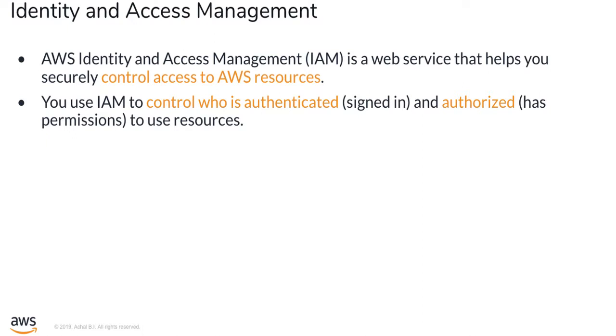So basically, it gives control of who can sign in, or who is authenticated to access the resource, and also who is authorized to access that resource, and in more detail, what permissions they have within a resource.